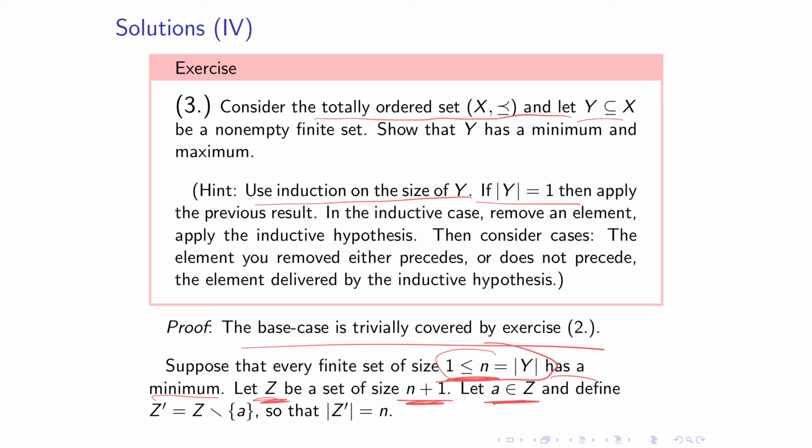Z is non-empty because its size is at least 2. And so let's take that element, call it A. Now define a new set Z prime, which is Z, but with A having been removed. Since it has one fewer element, its size is n. And of course, we're doing this because this means that the inductive case now applies to Z prime.